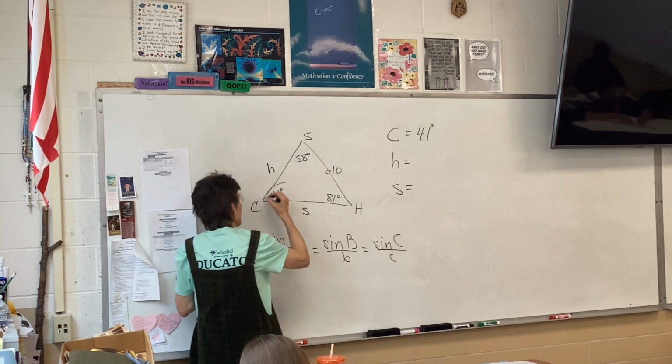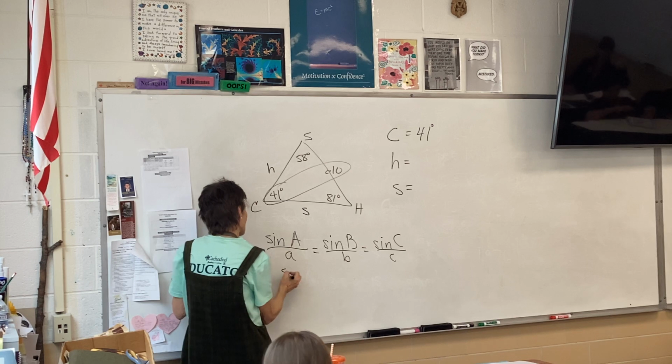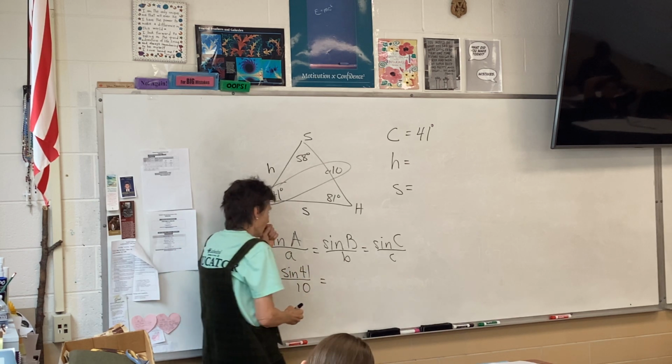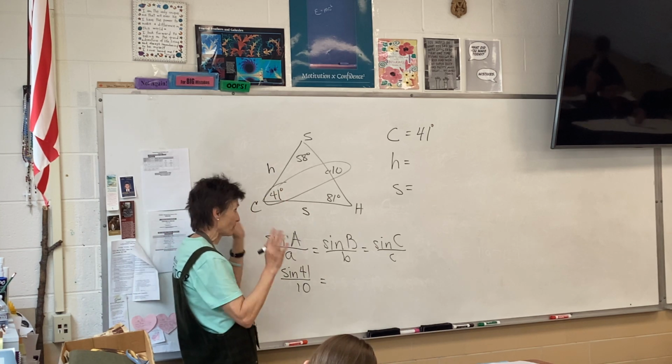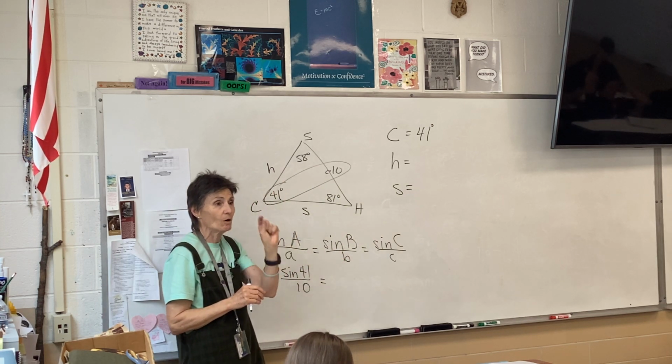Right here is one of my ratios: sine 41 over 10. I know this says A, that says C, I don't care. The idea is the sine over its side.